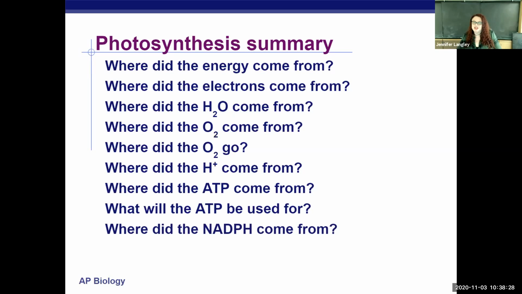Where did the NADPH come from? I'll give you a hint. It's one of the photosystems. Yes, photosystem 1. Good. What is it going to be used for?